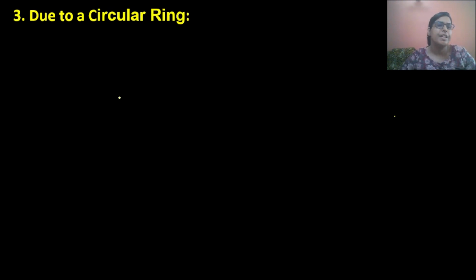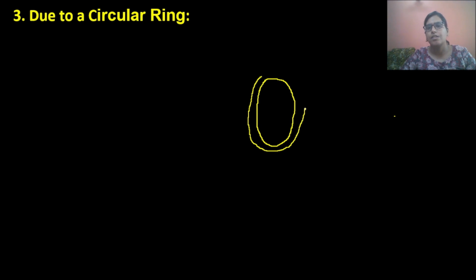So now due to a circular ring, suppose there is a ring placed like this, perpendicular to the screen, not in the screen.